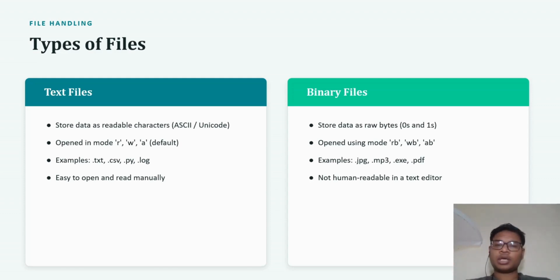I will talk about these later. Examples of binary files are .jpg, .mp3, .exe, .pdf. Remember that binary files are not human readable in a text editor.